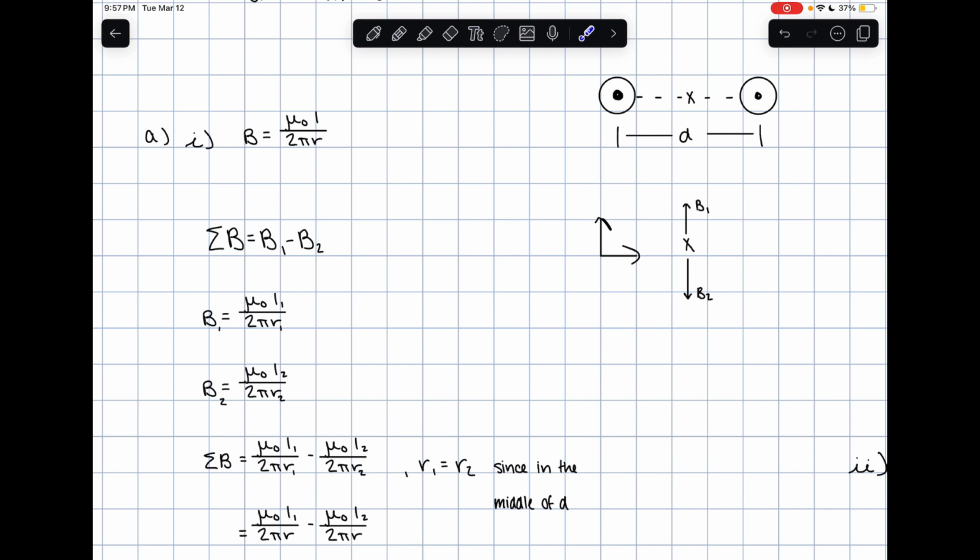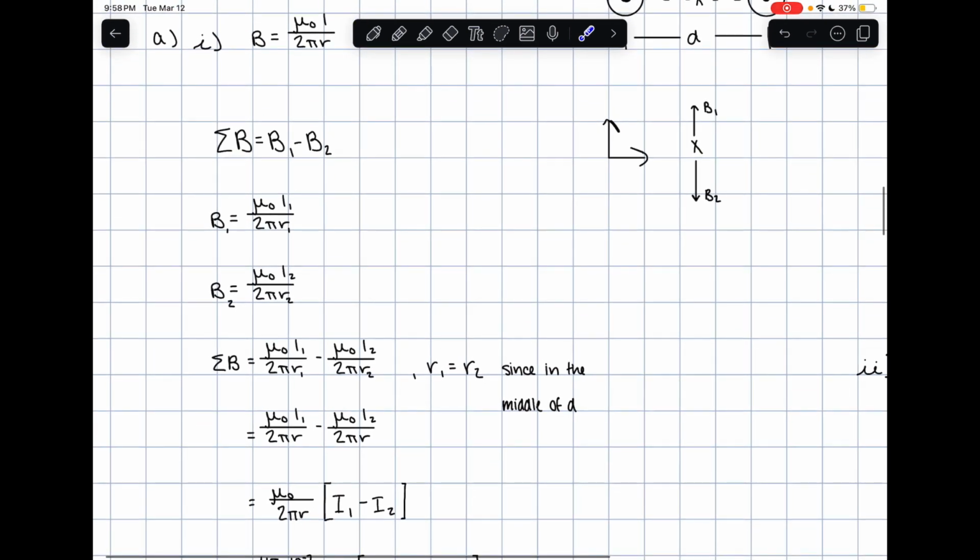So we're going to get mu naught of current 1 over 2 pi r minus mu naught of current 2 over 2 pi r. From there, we can pull out the mu naught over 2 pi r, and we're left with mu naught over 2 pi r multiplied by the quantity of I1 minus I2.